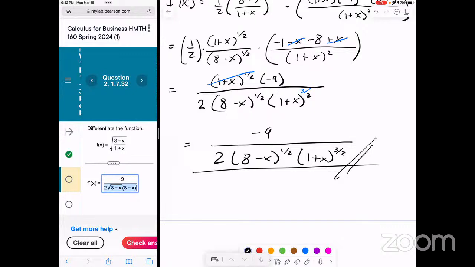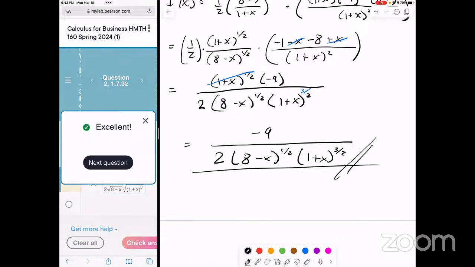And then here, square root, we got 1 plus x cubed. Yeah, I feel like we could probably go a little further. Man, that's so weird. Okay. Well, we got it. Let's go on to the next question.